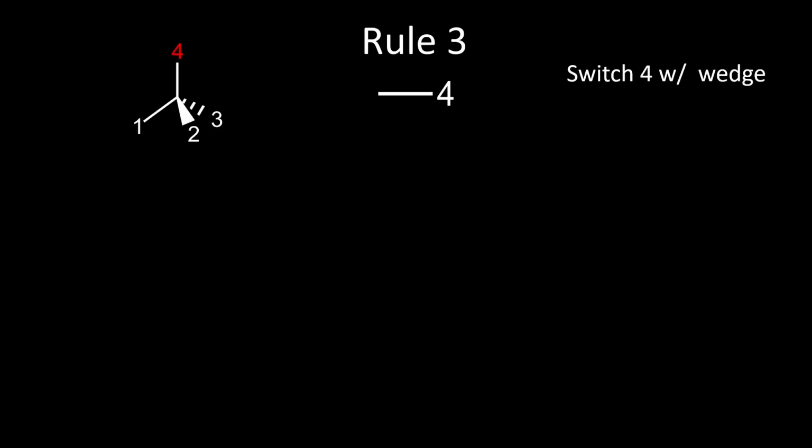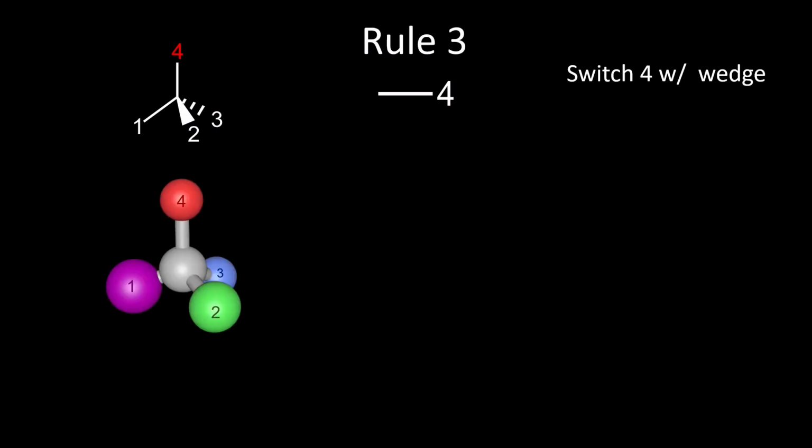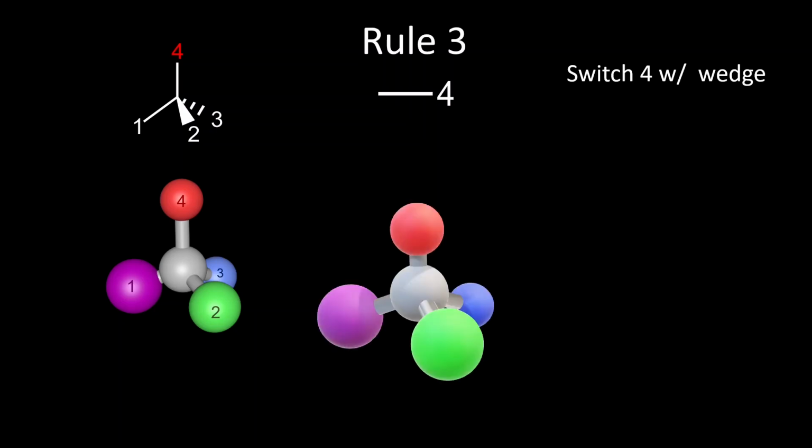Returning to our original example from the beginning of this video, for the fourth priority being on a line, we will make this molecule into a ball and stick like we've been doing. And we all wish we could do this on a test or on a quiz, and really you can if you have a model kit. But we're just going to take this and rotate it around so that you can see what the actual configuration is. We're going to put 4 in the back.